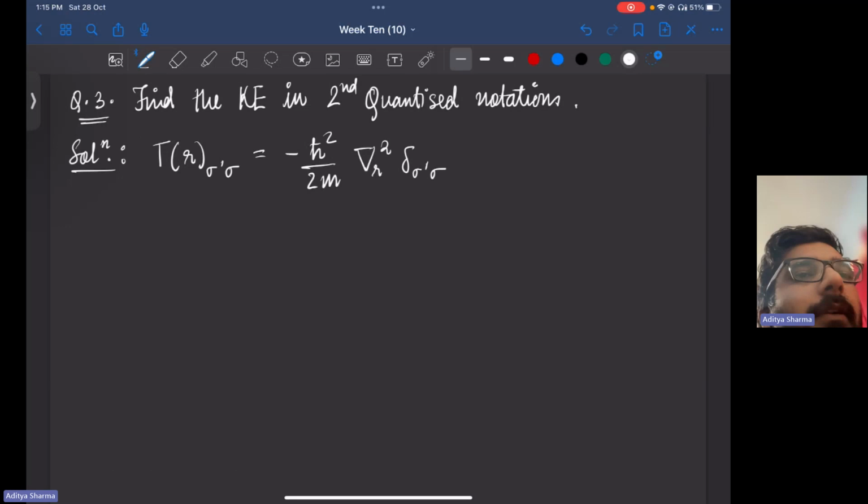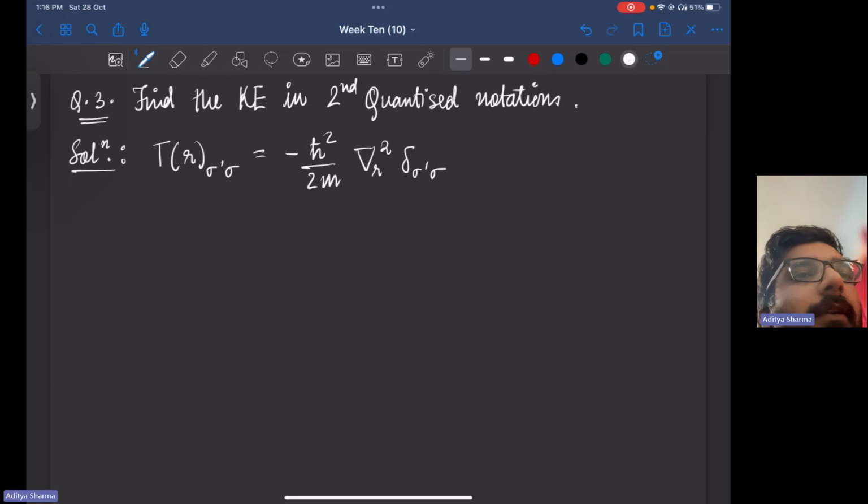Sigma prime sigma is there to depict the spin notation. So if it is up spin and down spin, the kinetic energy is 0. If it's up spin and up spin, it's the same, there is some kinetic energy. And this has been written in the operator form in the position space basis.